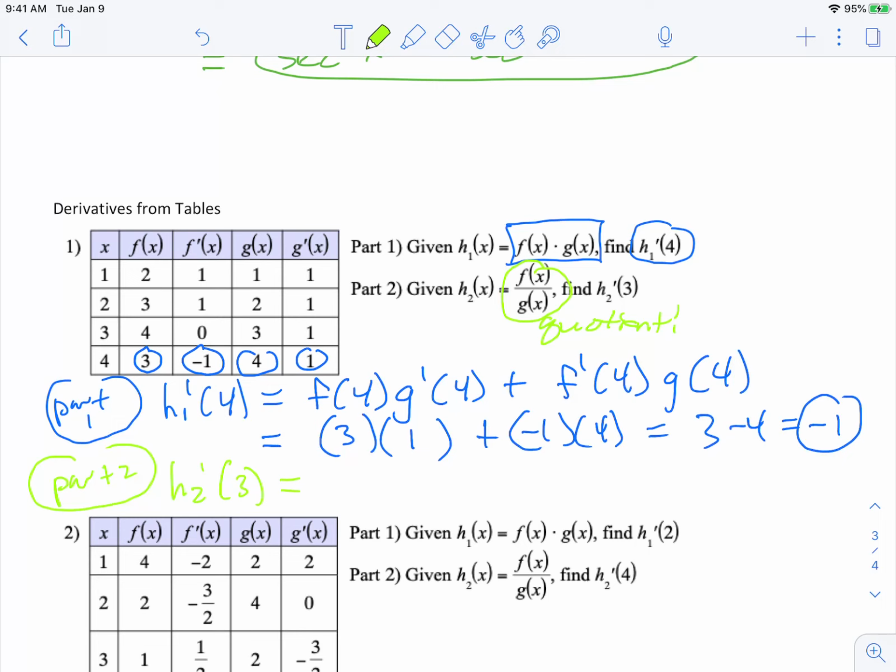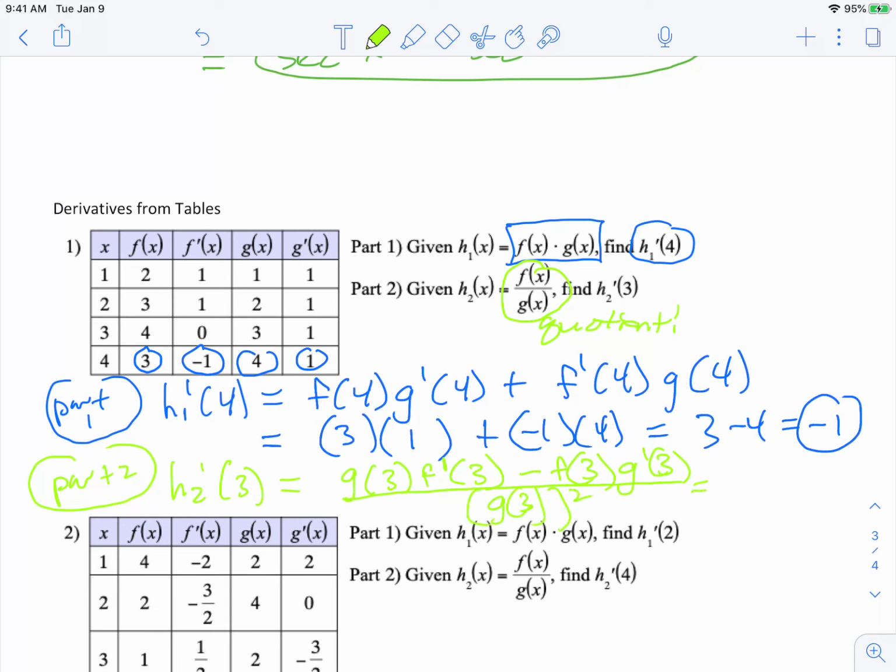So that'll be low, so that's g of 3, d high, so f prime of 3, minus high, d low, so f of 3, and then g prime of 3, all over low squared. So g of 3 squared.